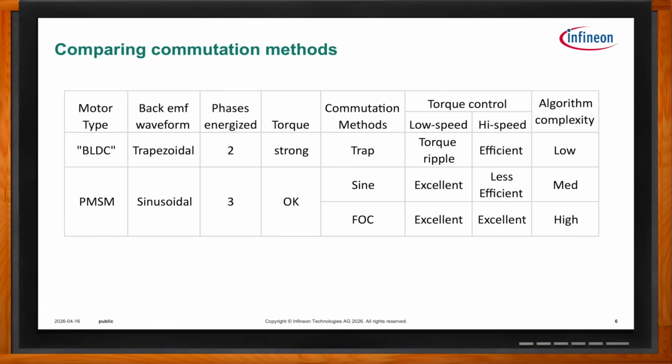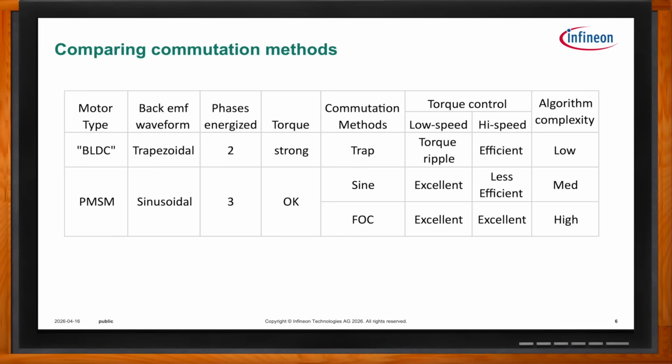It was called brushless DC motor, even though it's truly an AC motor, because it was the first electrically commutated motor that competed in terms of performance with the traditional brush type DC motor. So that's why it's called brushless DC. It really isn't a DC motor. Side note of history there.